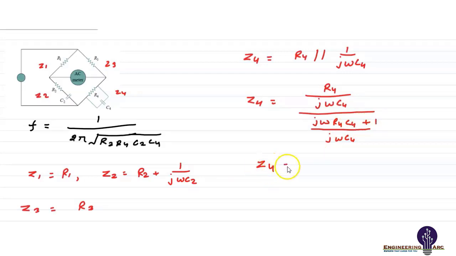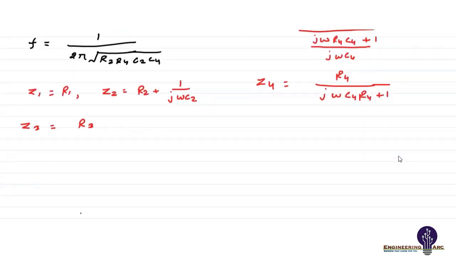So Z4 equals R4 upon j omega R4 C4 plus 1. Fine.